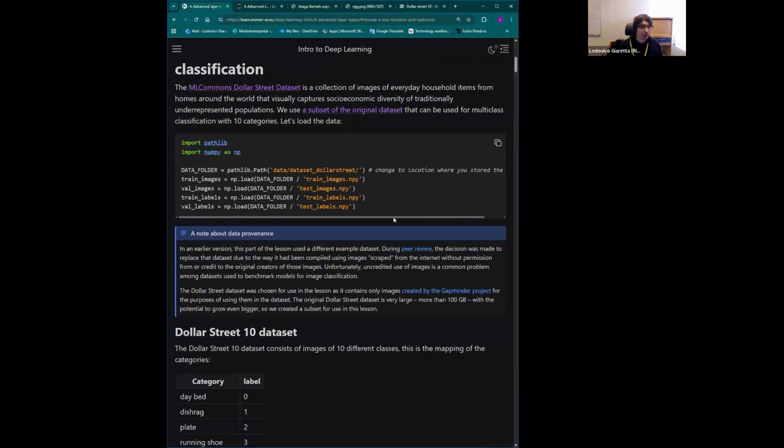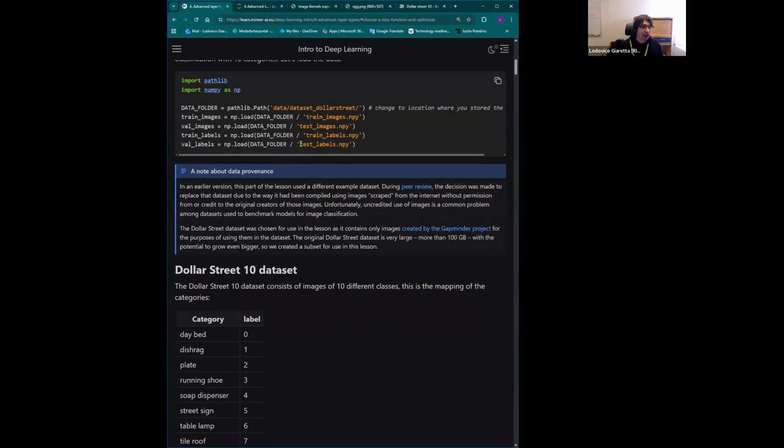We can load this dataset, and it comes in 4 files in the NumPy format, so we can use the NumPy library to directly load them. We have images for train and test splits, and labels. So this data is already split for us.